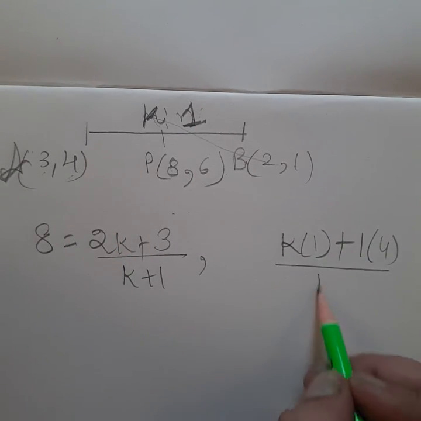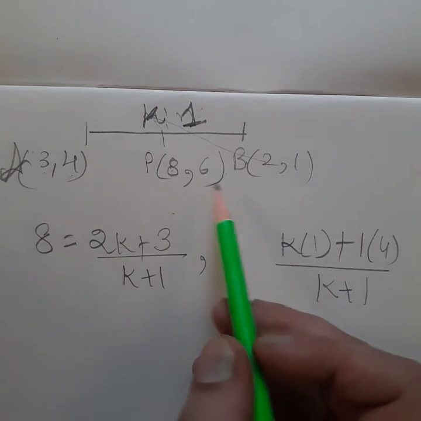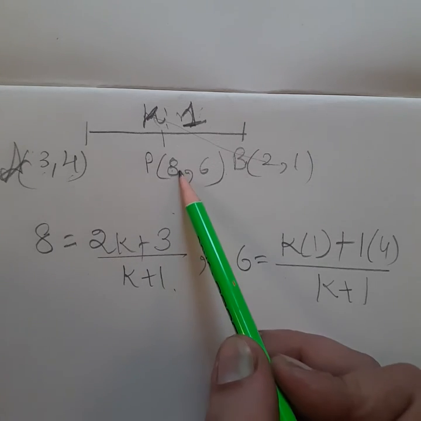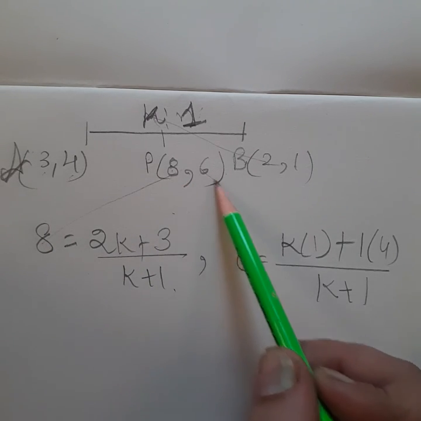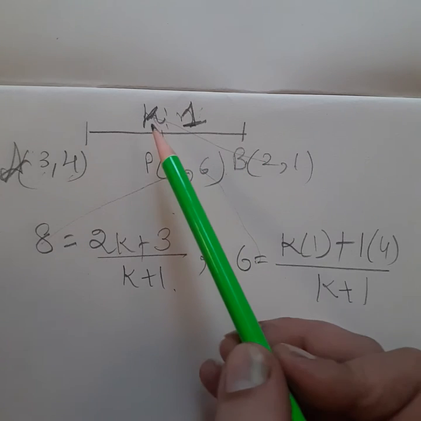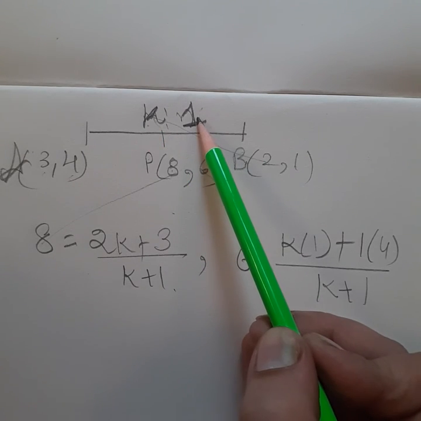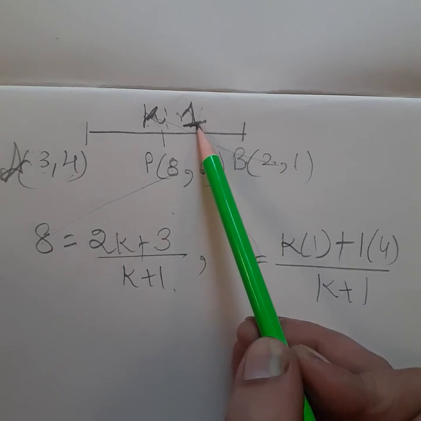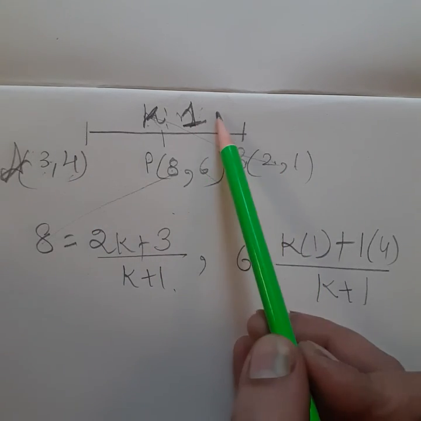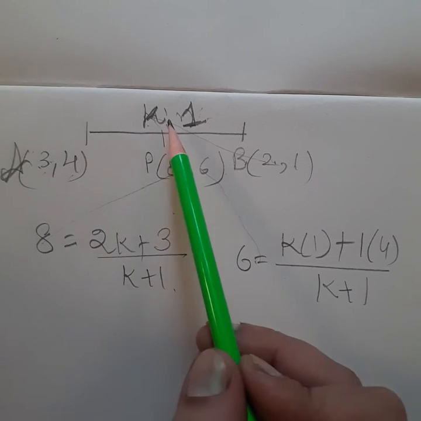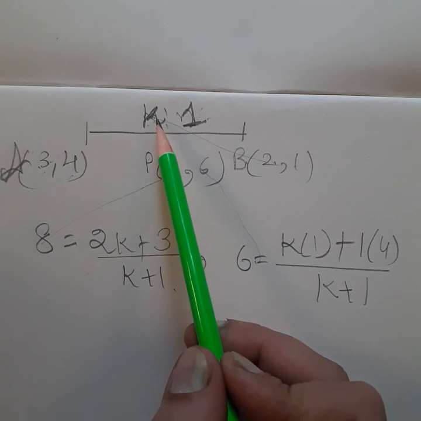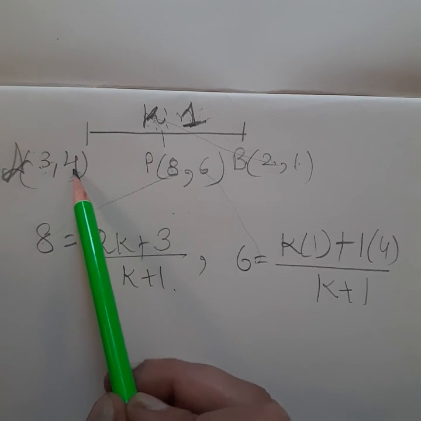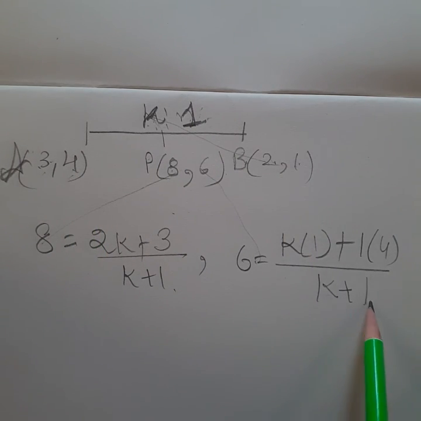Okay, and in the denominator you can also write k plus 1, and the point of y is 6. Remember your formula, we have to write here the values of x and y. Okay, and the value of m is k, the value of n is 1. We multiply m by x2 and multiply 1 by 3, means n by x1. After that you can multiply m by y2 and n by y1, and in the denominator you can write m plus n.